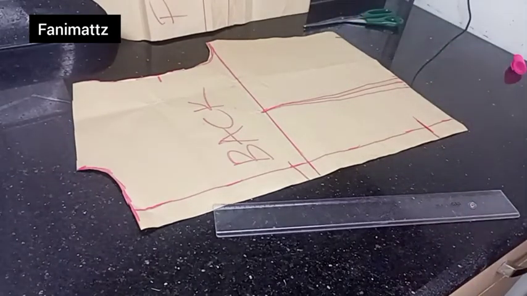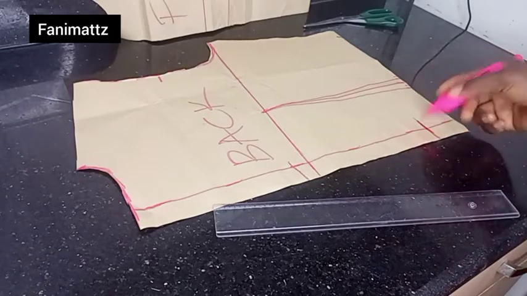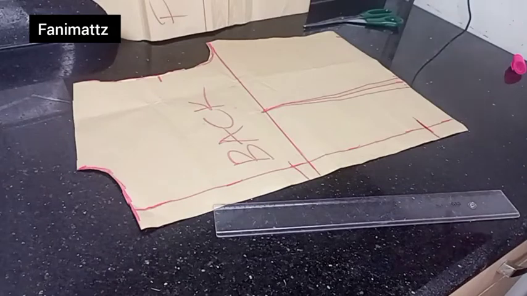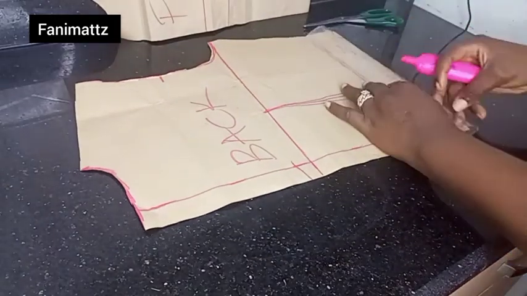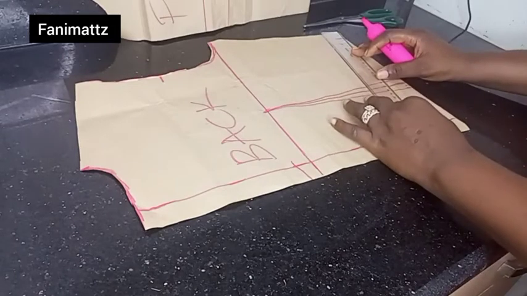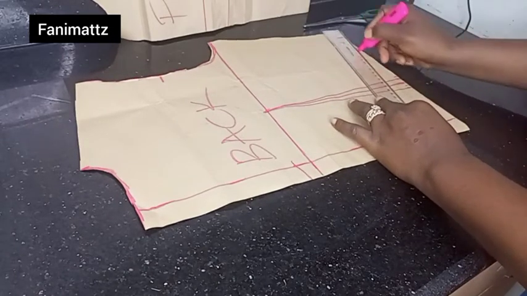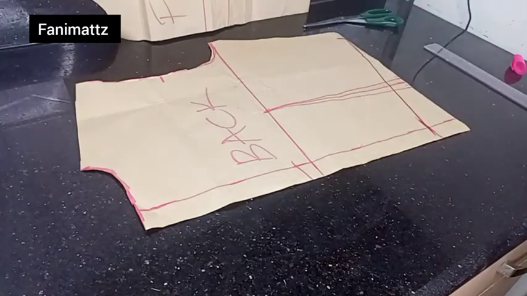So what I'm going to do now is connect from this 2 inches that I have here to this 1 inch point on the sewing allowance. So let me do that quickly. So you can see what I have there.